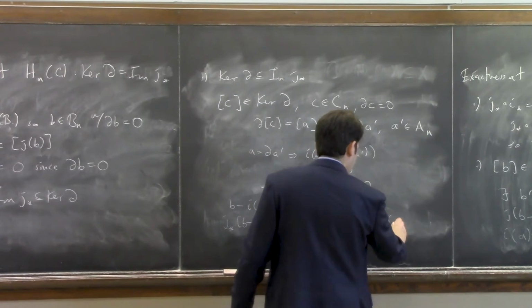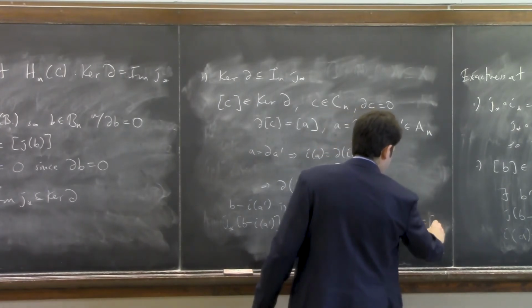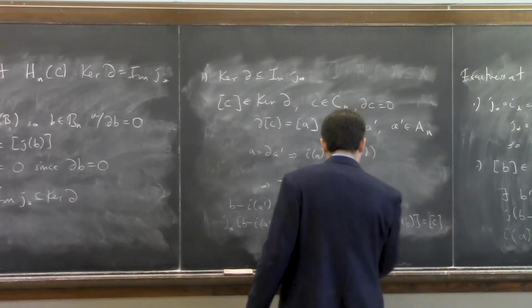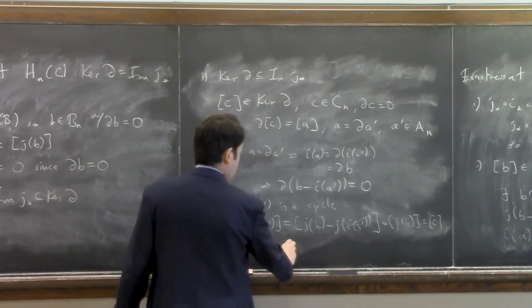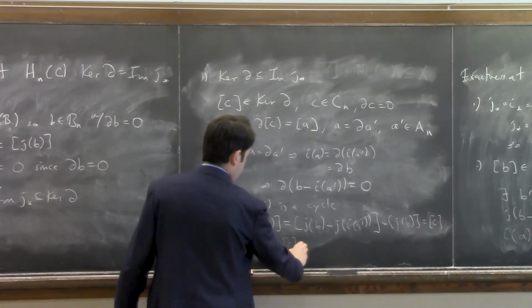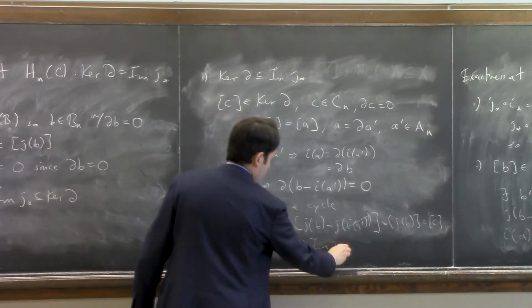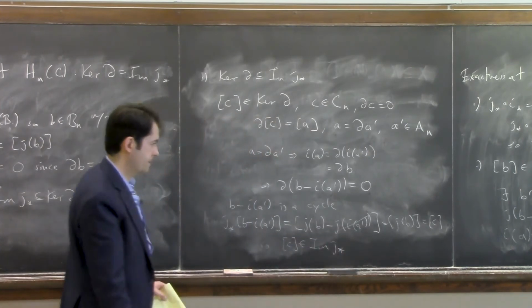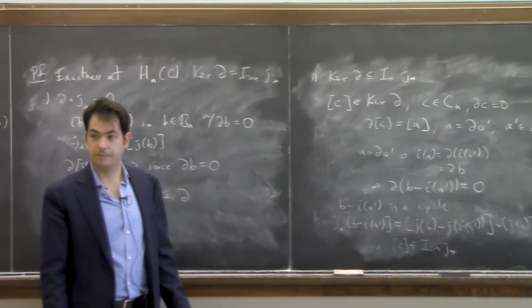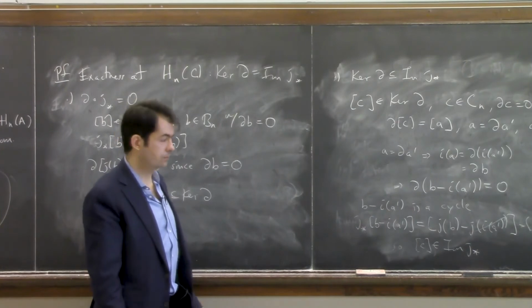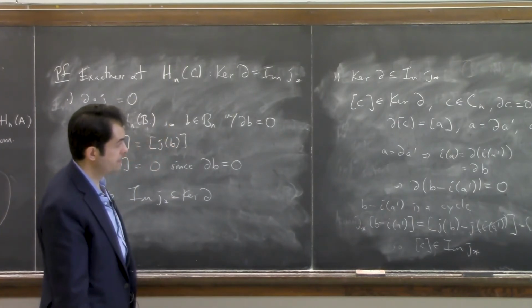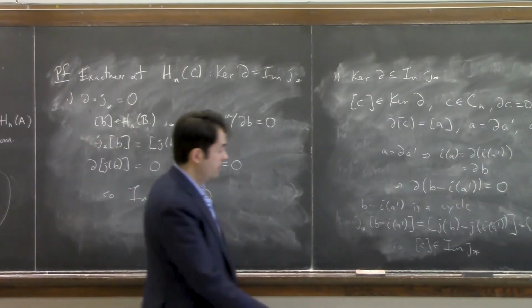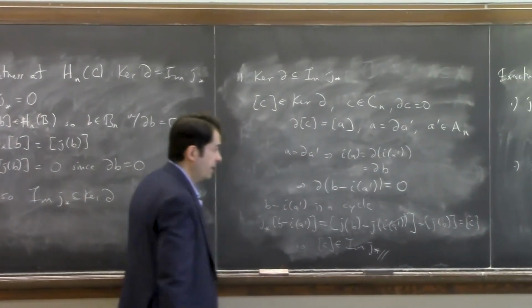So you get the class of J of B, which is the class of C. So this is in the image of J sharp. Okay, so that's exactness everywhere.